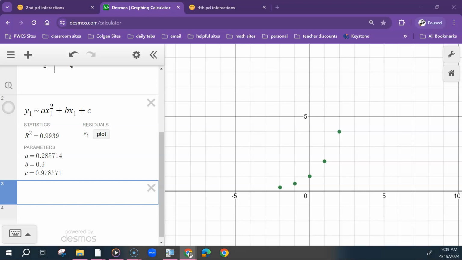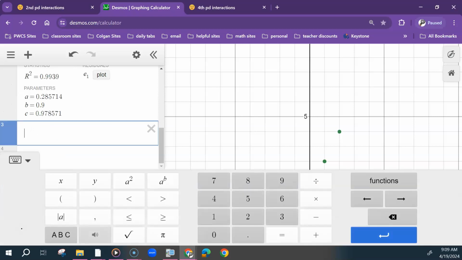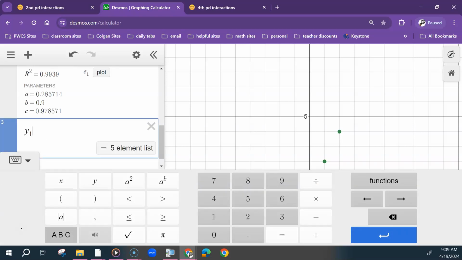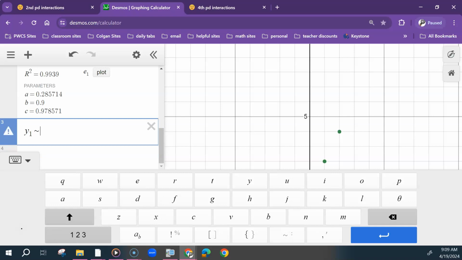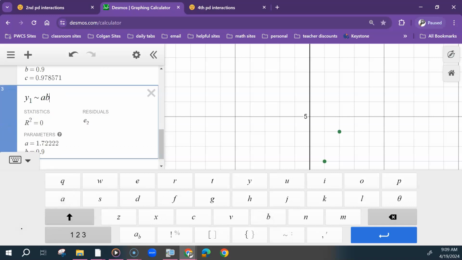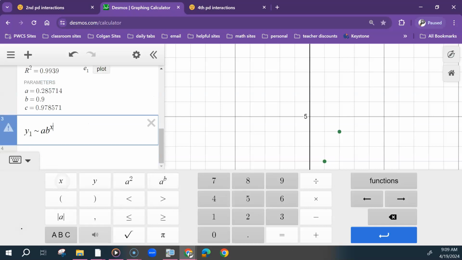And then just like your quadratic, you're going to put in the exponential equation. It's going to be y1, the squiggly line, a, b to the x1.